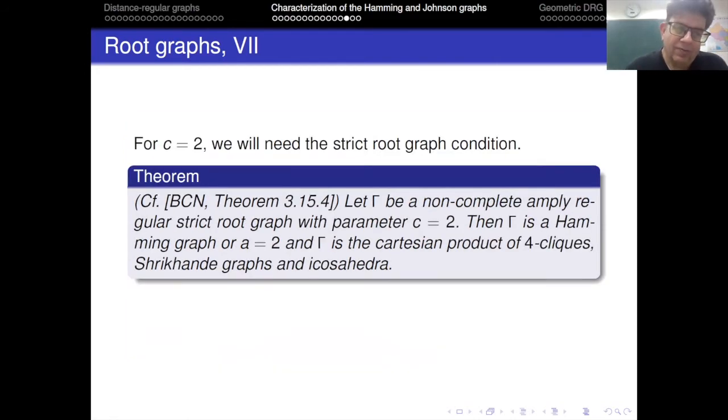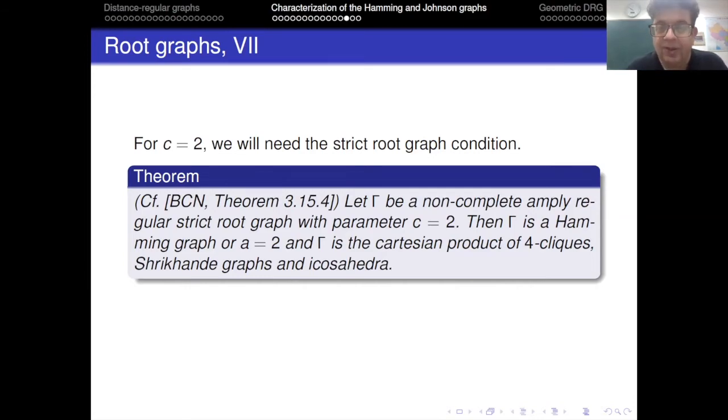For c2, you have to use the strict root graph condition. It is not true if you remove the strict part. So now we can look at the non-complete amply regular strict root graph with parameter c is 2.